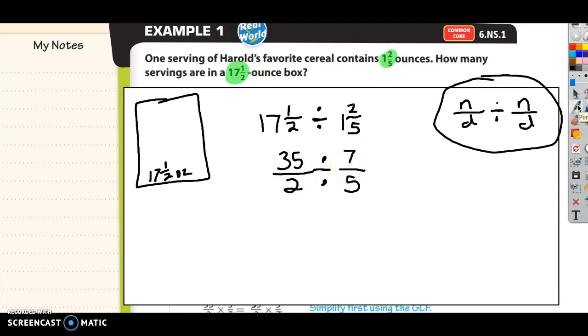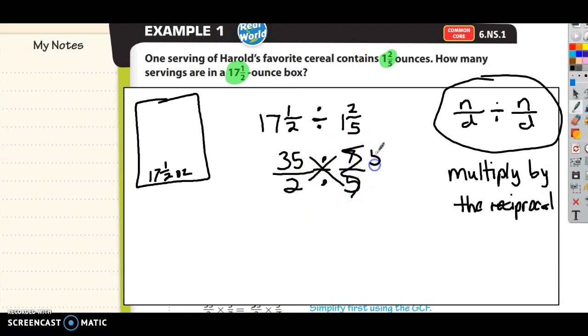Now what I'm going to do is go to that old saying, multiply by the reciprocal. Now when we taught you to divide fractions, we said leave the first fraction alone, so leave that one alone. Multiply by the reciprocal.